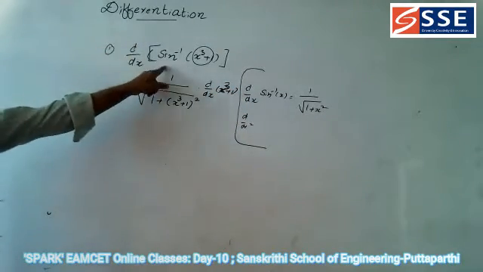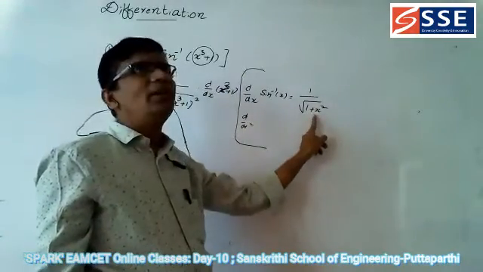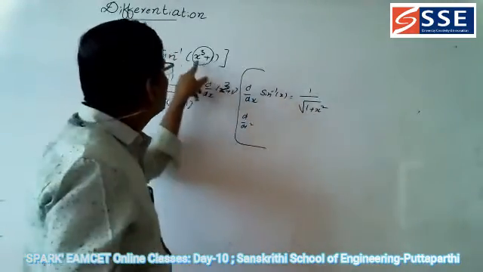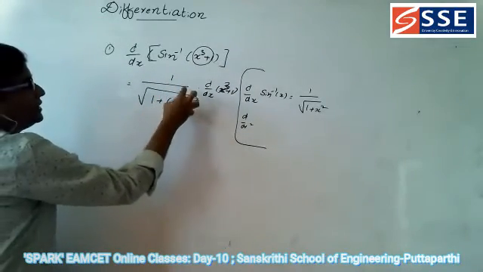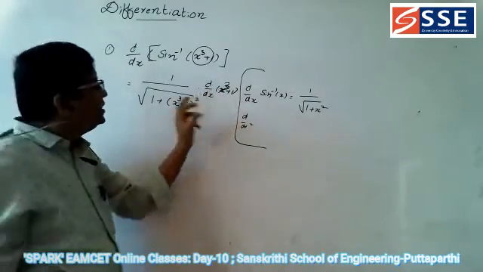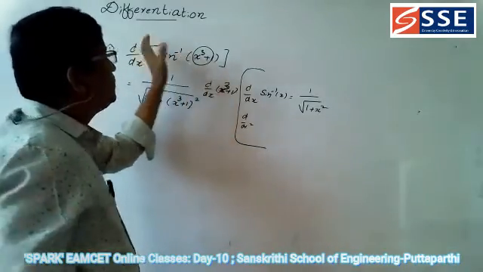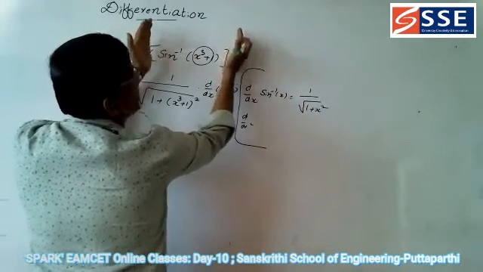d by dx of sine inverse x is equal to, as we already mentioned here, 1 by root of 1 plus x square. In the place of x, x cube plus 1 is there. Therefore, 1 divided by root of 1 plus x cube plus 1 whole square into the differentiation of, again, first of all we do the total differentiation now, then come to the sub part.